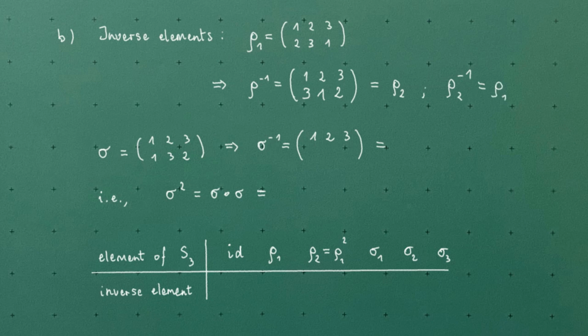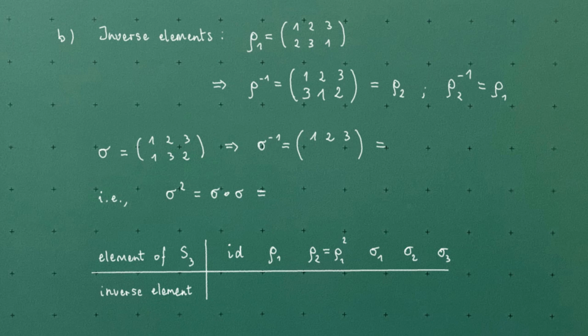And with the geometric picture in the back of your mind, this is very obvious, because if I rotate by 120 degrees and then by 240 degrees, I end up with the same triangle I started with, because I have rotated by an angle of 360 degrees. And this is the geometrical background of this result here.